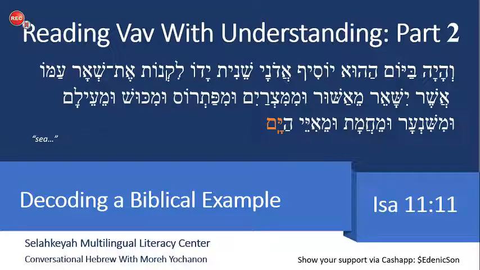Yishar. Okay, Yishar. Me Ashur. From Asher, from Assyria. Me Ashur. Me Mitzrayim. Me Patros. Me Cush. Me Elam. Me Shinar. Me Hamat. Me Iyi haYam. And from the islands of the sea, or from the coastline of the sea.